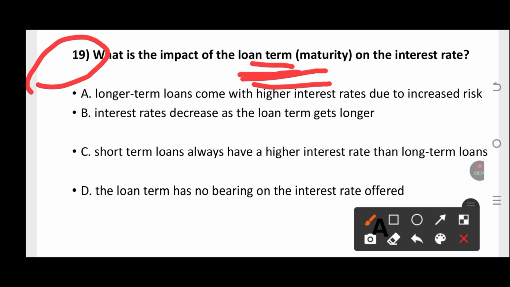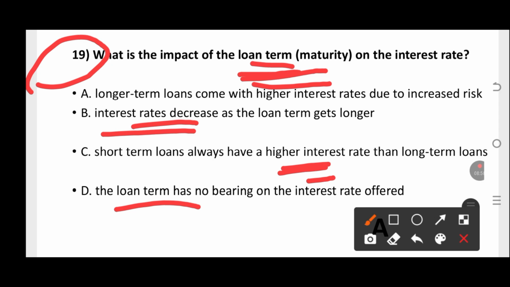B. Interest rates decrease as the loan term gets longer. C. Short term loans always have a higher interest rate than longer term loans. D. The loan term has no bearing on the interest rate offered.